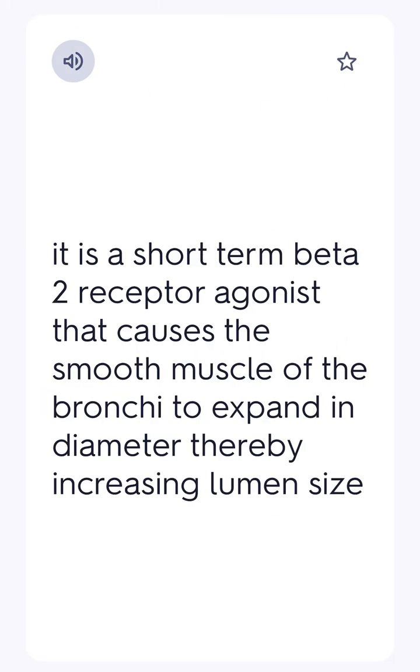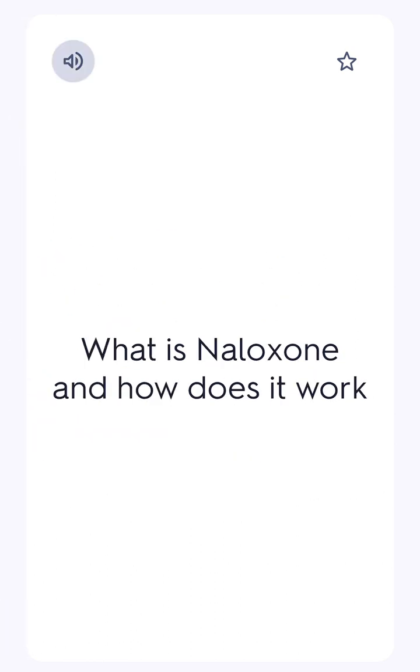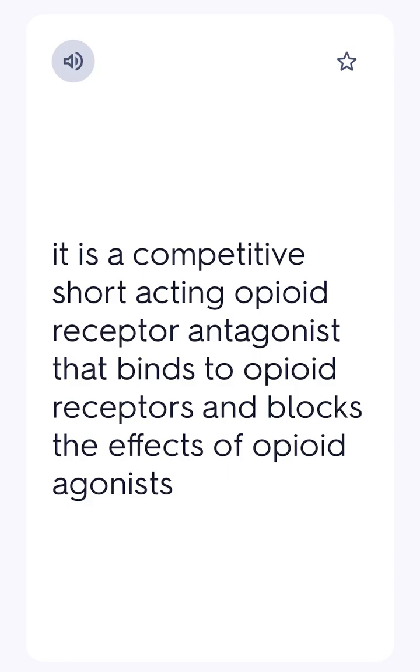It is a short-acting beta-2 receptor agonist that causes the smooth muscle of the bronchi to expand in diameter, thereby increasing lumen size. What is naloxone and how does it work? It is a competitive short-acting opioid receptor antagonist that binds to opioid receptors and blocks the effects of opioid agonists.